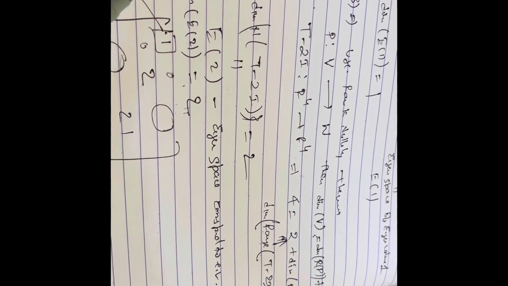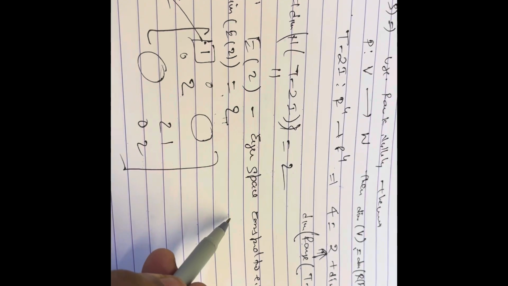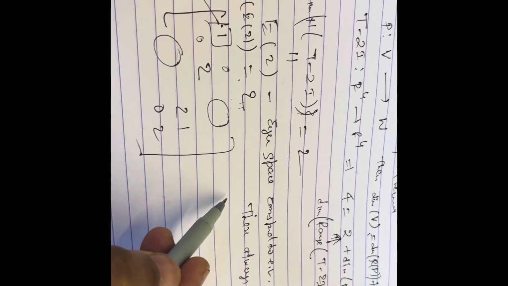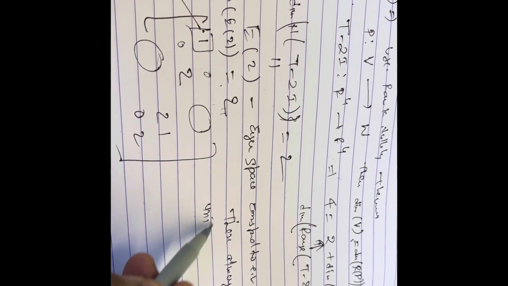This is one Jordan block, and there is a result I would like to refer you to. You can also prove it, and if time permits I will prove it sometime. But remember that result: there always exists a unique eigenvector for each Jordan block.